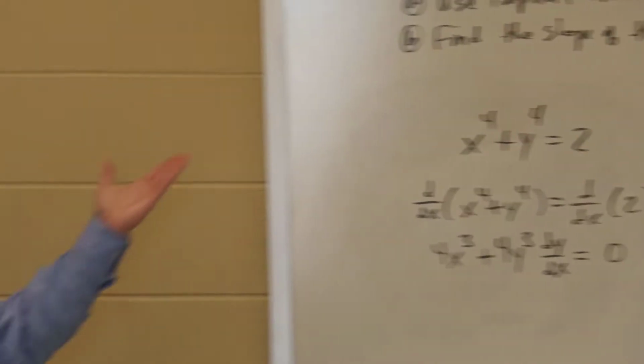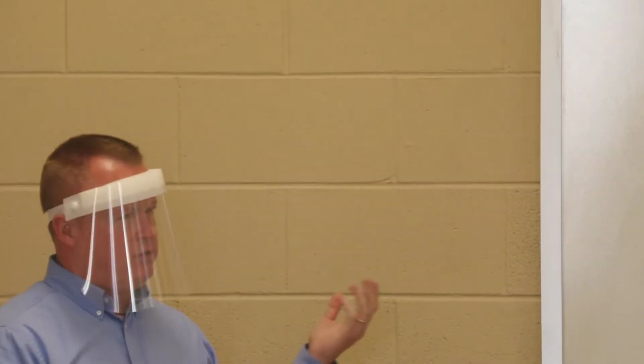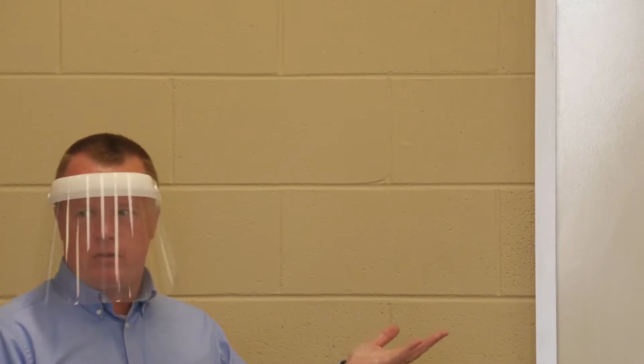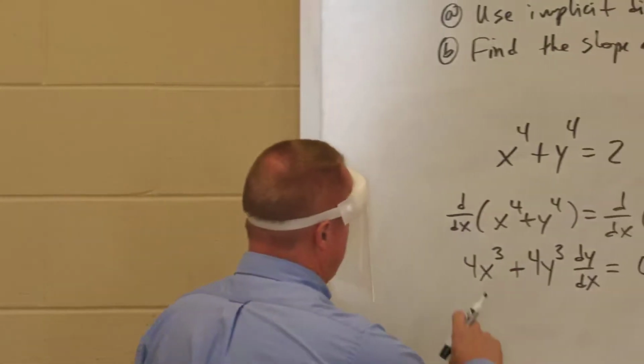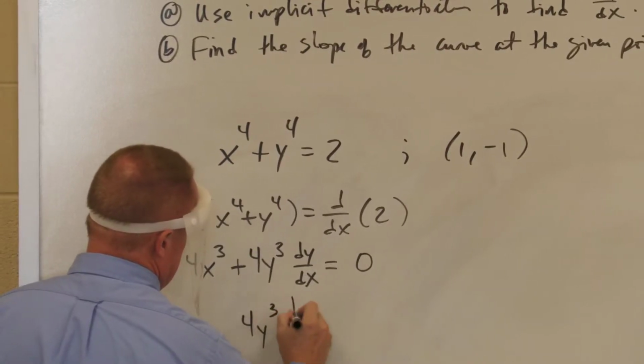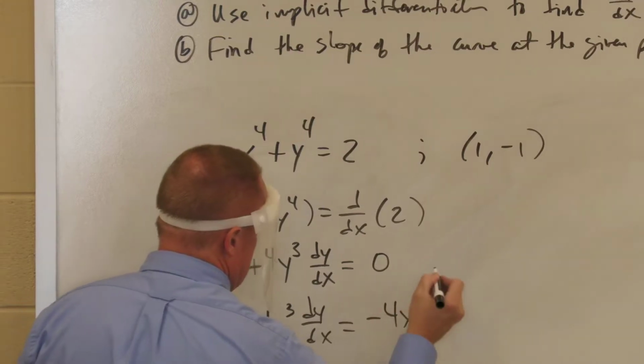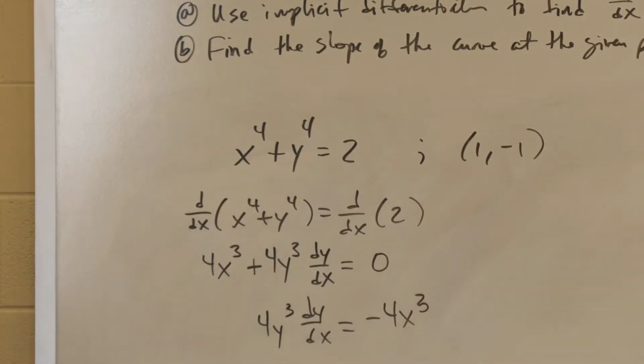Now we're trying to find dy dx. What do you think we do now to find dy dx? Solve the equation for dy dx. Algebra. All right? So I would subtract the 4x cubed from both sides. And then to get dy dx by itself, we'll divide both sides by 4y cubed.